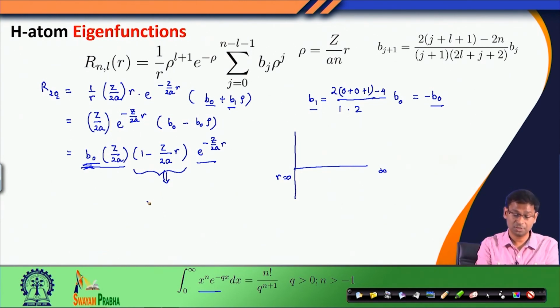When would this become 0? This will become 0 when z over 2a into r is 1, or r is 2a over z, and for hydrogen atom when z is 1, this is 2a.